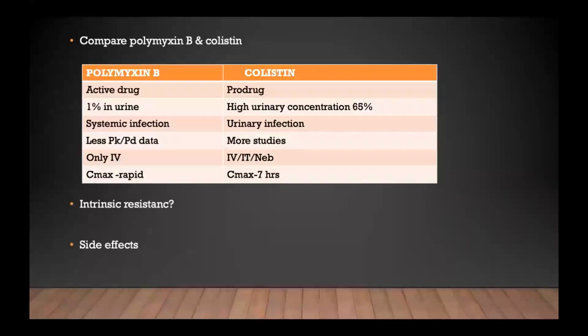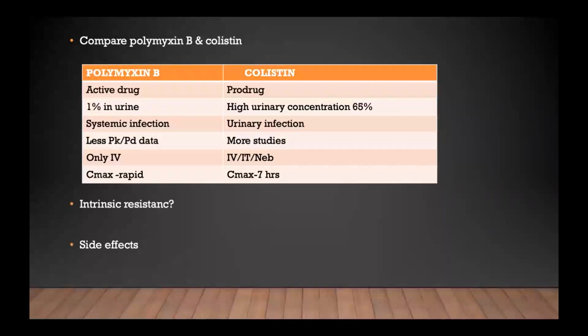Colistin is the prodrug. So colistin achieves almost 65% urinary concentration, but polymyxin only 1% of the concentration is achieved in the urine. So polymyxin is good for systemic infection, while colistin is very good for urinary tract infection. We don't have much PKPD detail about polymyxin. We have lots and lots of studies regarding colistin.